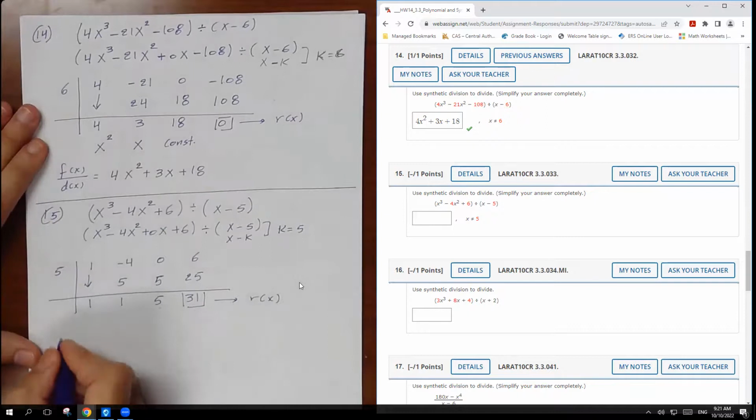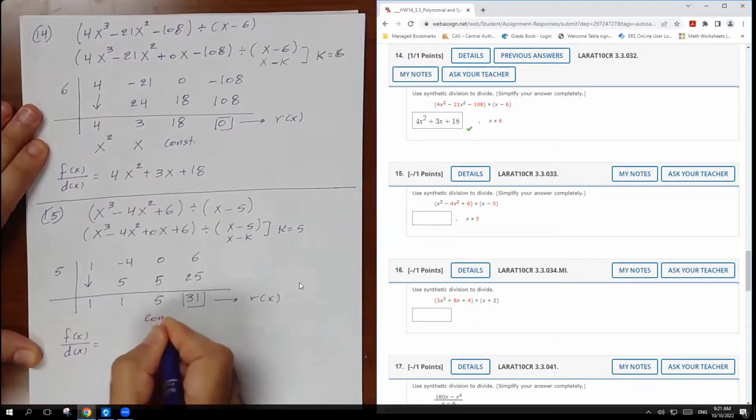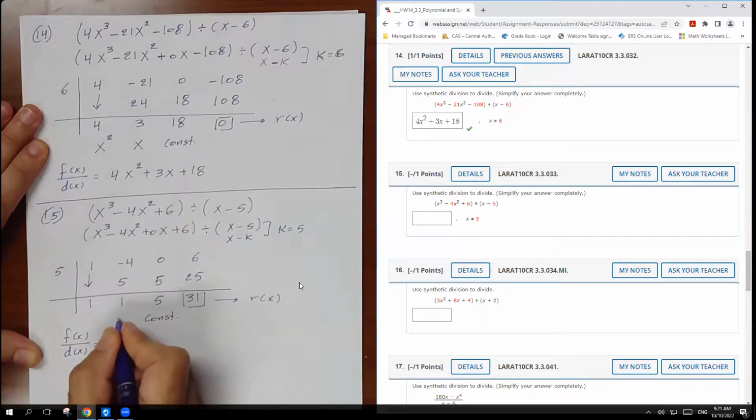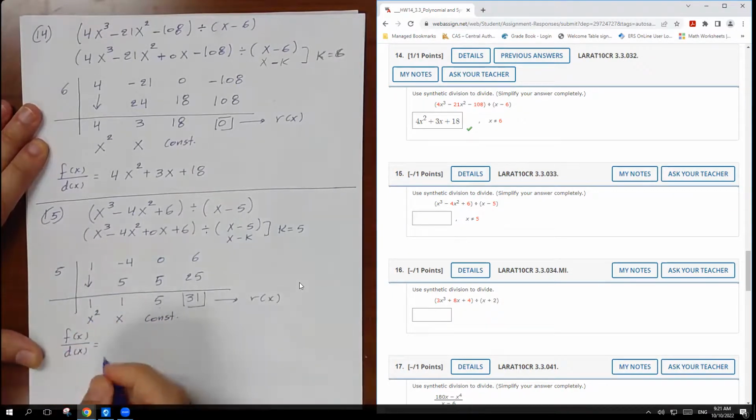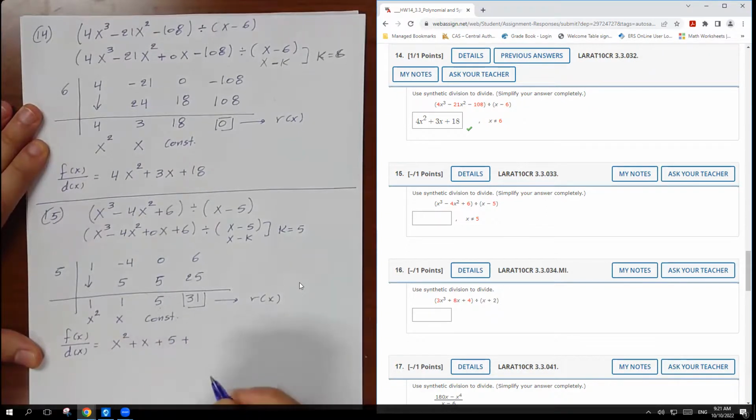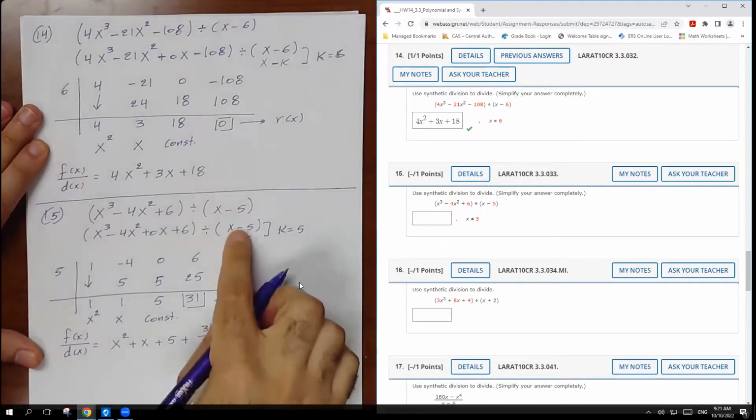So that means f of x divided by d of x is going to be equal to this. This is the constant, this is the x, and this is the x squared. So the quotient is x squared plus x plus 5, plus the remainder, which is 31, divided by the divisor, which is x minus 5.